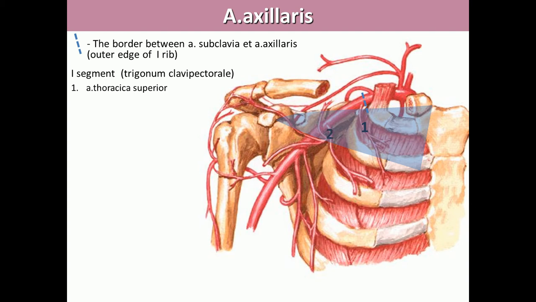And parallel to it, we can find artery number two, truncus thoraco-acromialis, which later shall divide into several branches in the region of the clavicle and the lateral wall of the thorax.